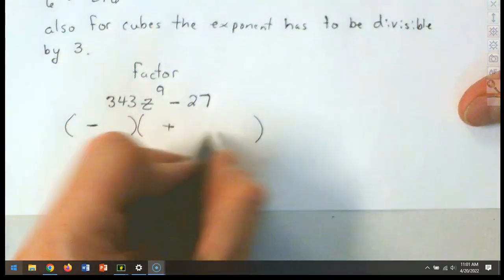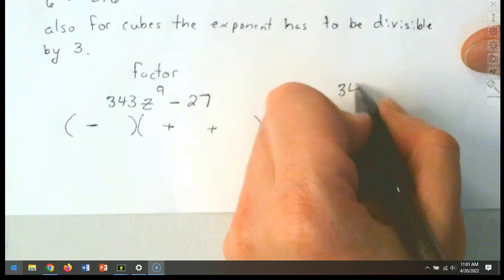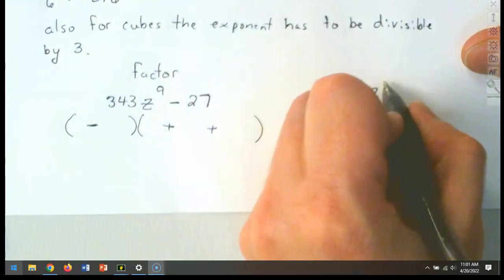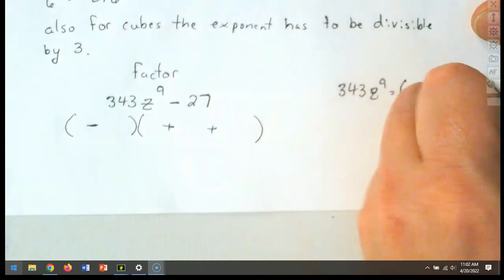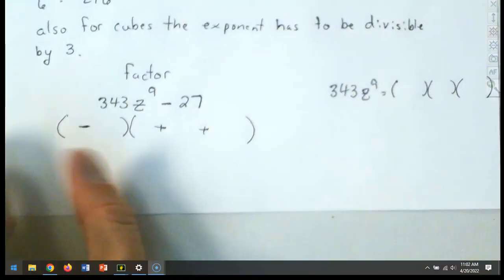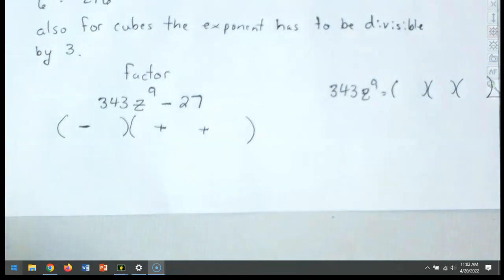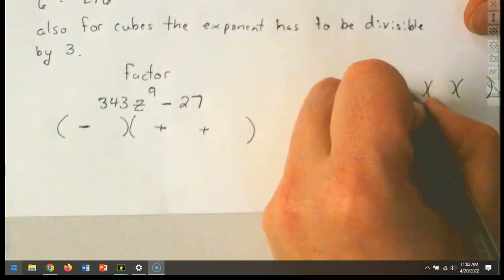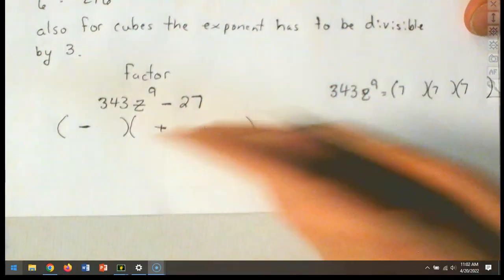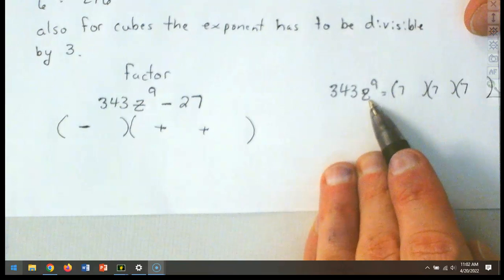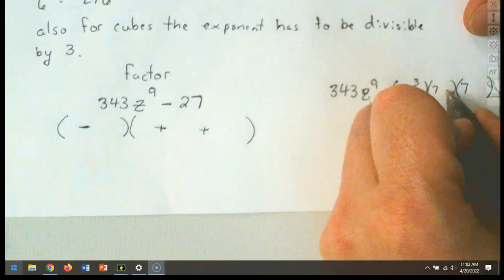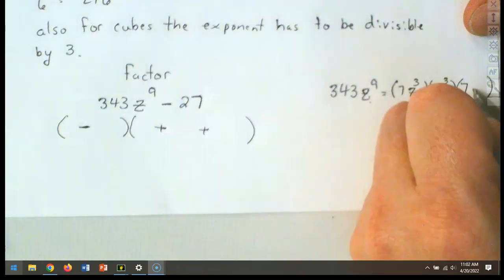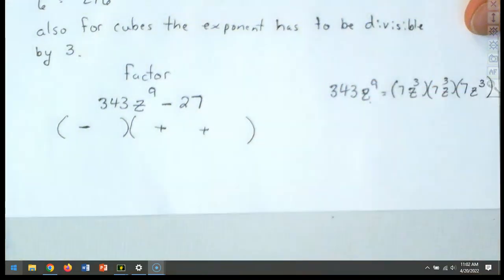We take our 343, z to the 9th, and we're going to split this up 3 ways. 343, if we look at our table of cubes, is 7. And then z to the 9th is divisible by 3, and that's going to be z cubed, and z cubed.